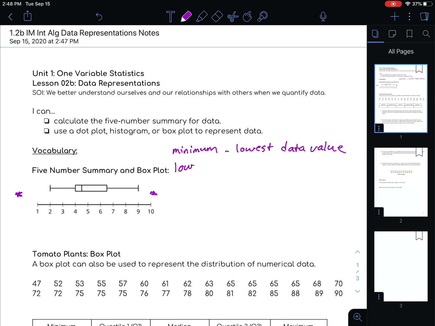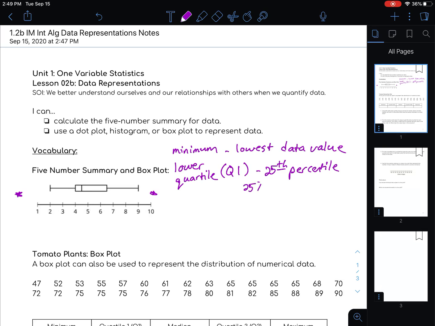All right, then we have something called the lower quartile. This is abbreviated as Q1, and we also know that it is the 25th percentile. We don't hear that word percentile a lot, but we hear it sometimes in the doctor's office and sometimes with standardized tests.